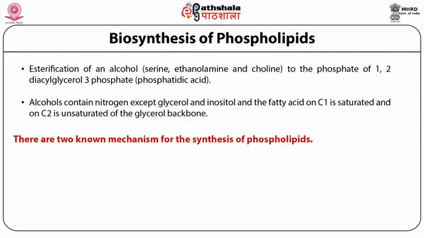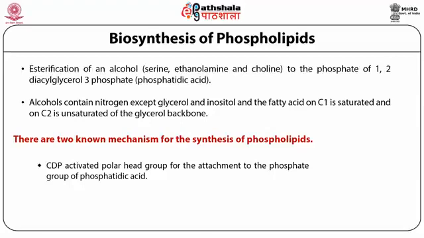The first mechanism, where CDP activated polar head group for the attachment of the phosphate group of phosphoric acid takes place, and second, where the CDP activated 1,2-diacylglycerol and an unactivated polar head group constitute the formation of the phospholipids.